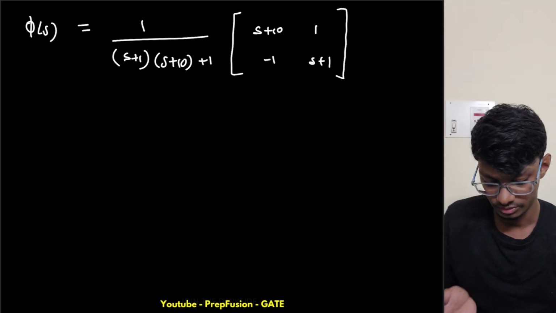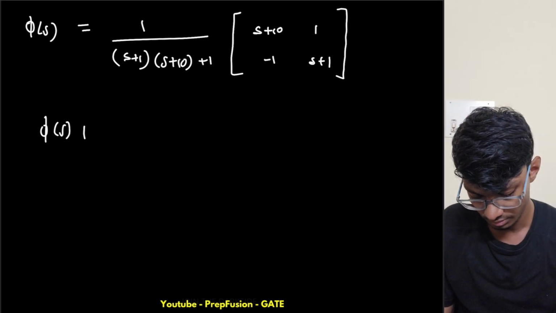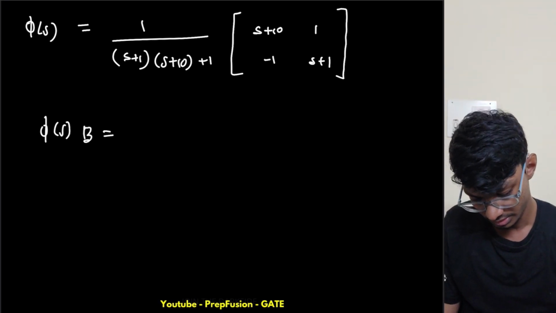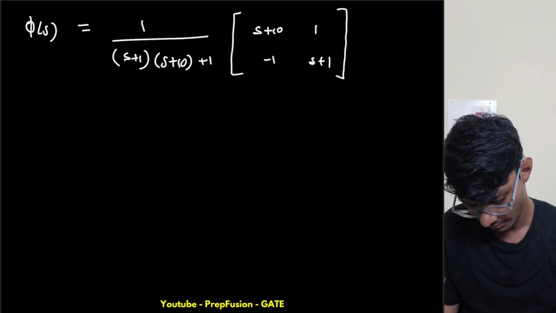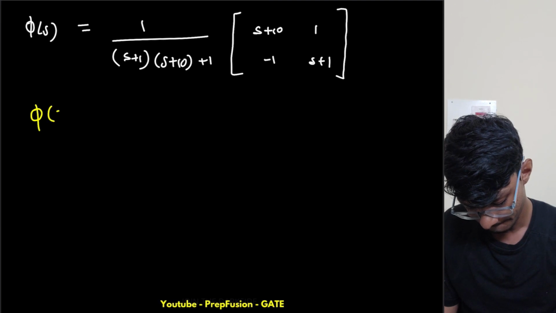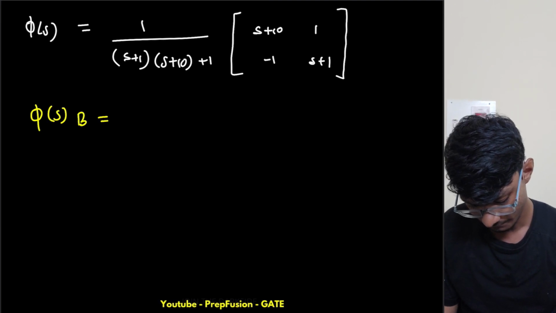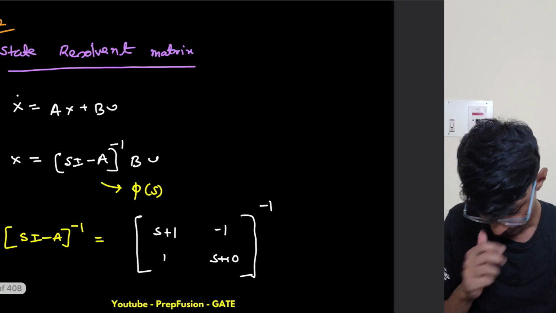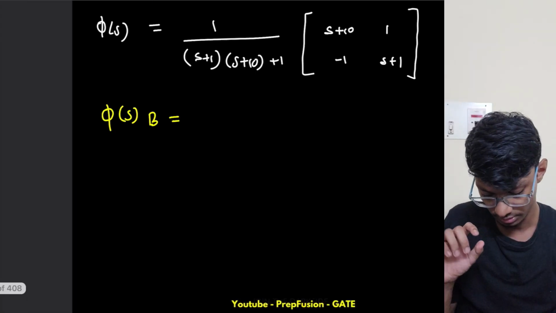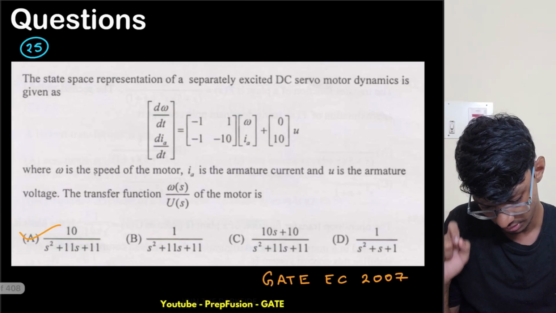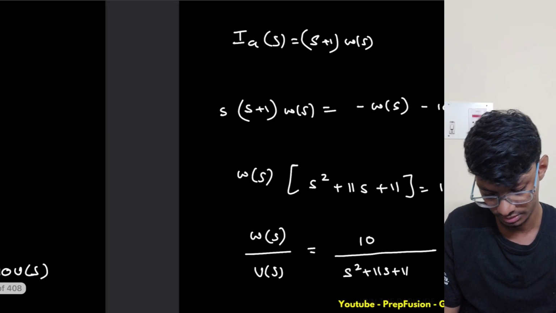So I just simply multiply phi of s with B. Let me change the color of the pen. If I multiply phi of s times B, what do I get? What is B? B is 0 10.